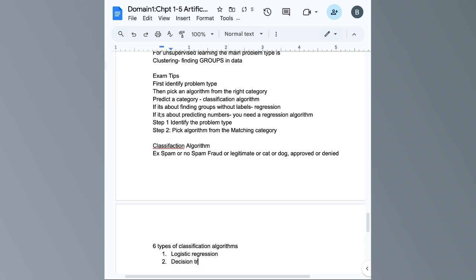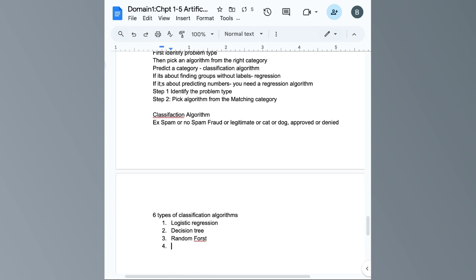Decision tree. 3. Random forest. 4. SVM, which is support vector machine. I'll explain that along the way. 5. Naive Bayes, and 6. K-nearest neighbor.